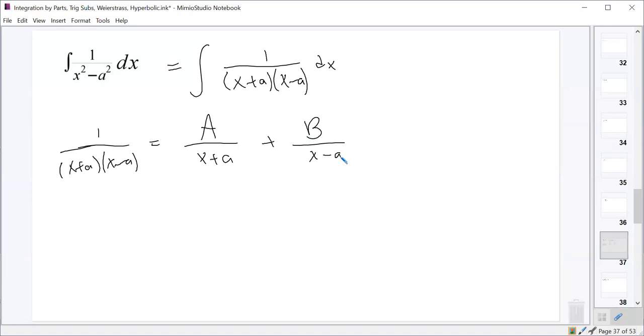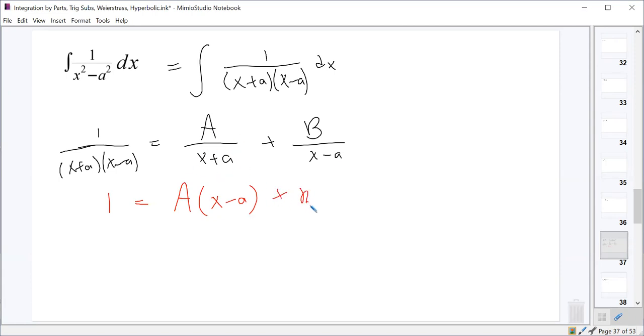Yes. Okay. And so then what was the next step that we needed to do? We had to find a common denominator, which is just going to be this x plus a times x minus a. So we're just going to be left with a 1. And then we're going to have this capital A times what? x minus a, because when we put that into the top and the bottom, we'll have that same denominator.